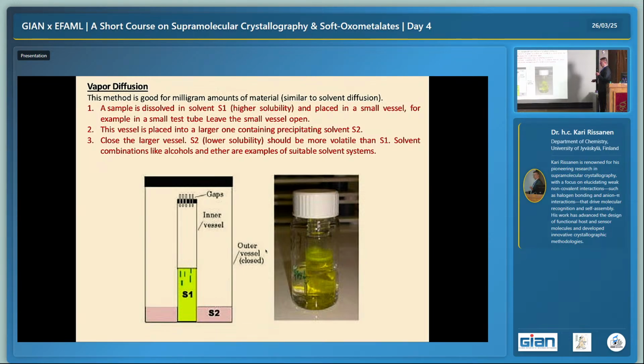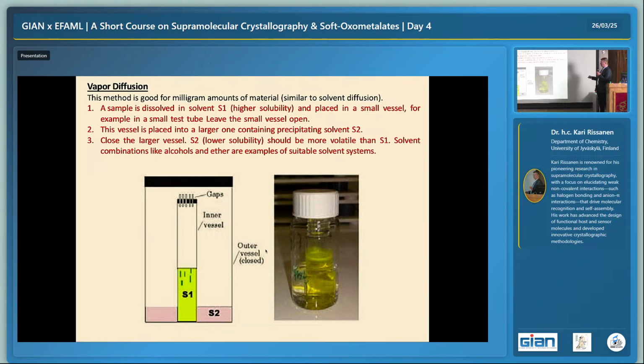And then you place it in a tube like this. It can be open or it can have a cap and some holes in here. And then you have another solvent here, S2. But now the vapor pressure of this S1 should be lower than that of S2. So the S2 will create here, this is a closed one, a gas phase.